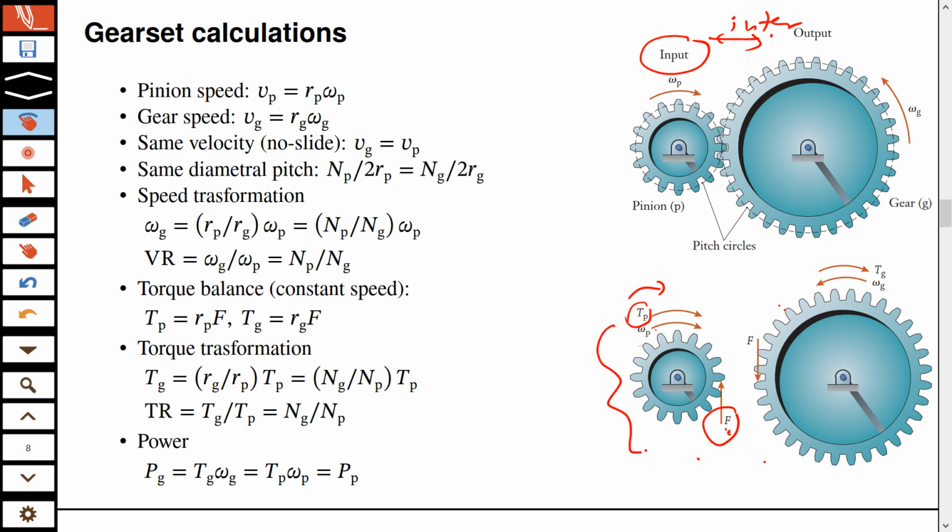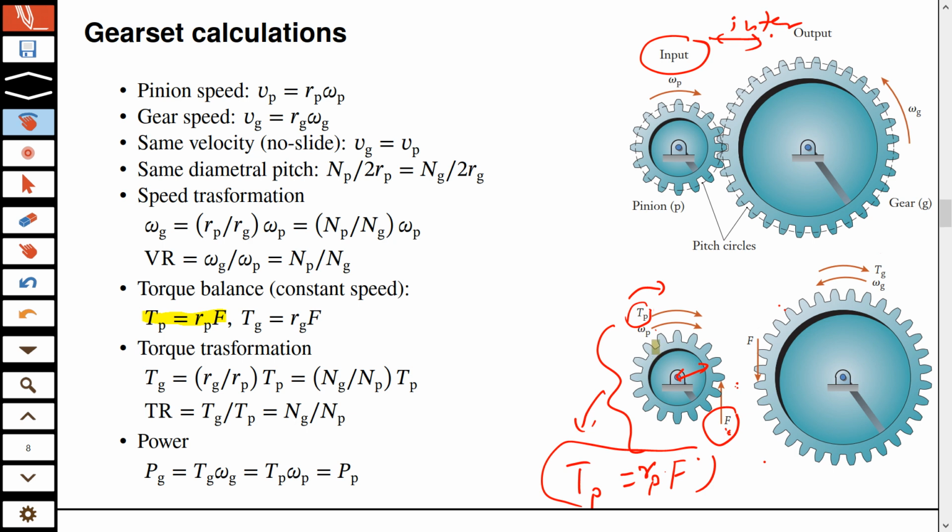So if we now apply the moment balance on this body, what will I write? Moment from this side is TP, and moment from this side, the opposing moment, is F times, let's say this is the radius for the pinion, RP. So now this will be my torque balance.